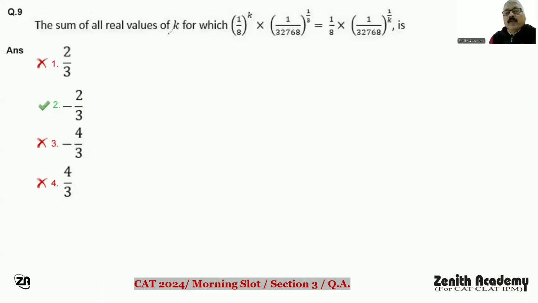The sum of all real values of k for which (1/8)^k times (1/3276)^(1/3) equals (1/8) times (1/3276)^(1/k) is. Okay.